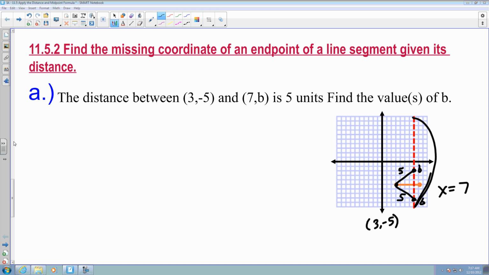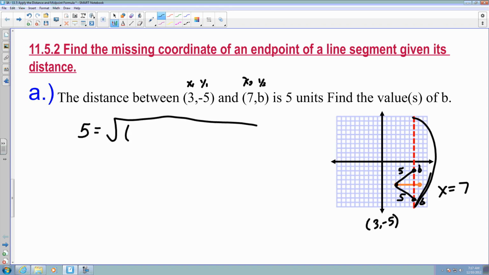So we can still use the distance formula. So this is my x1, this is my y1, this is my x2, and this is my y2. Okay? So instead of having d, I'm going to write 5 because that's what our d equals. The square root of (7 minus 3) quantity squared plus (b minus a negative 5) quantity squared.